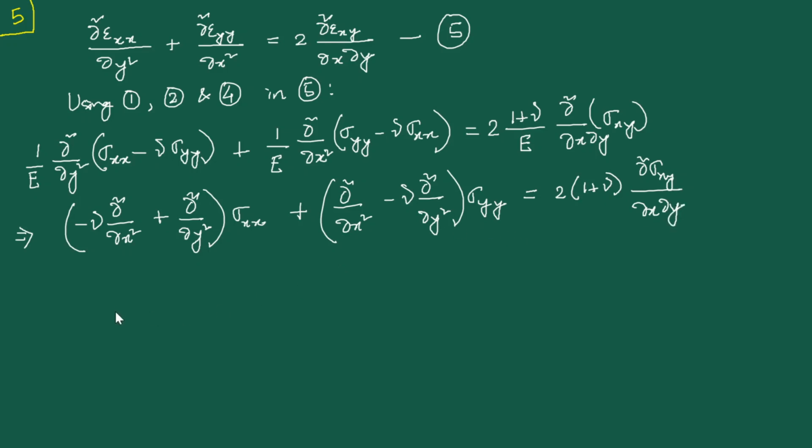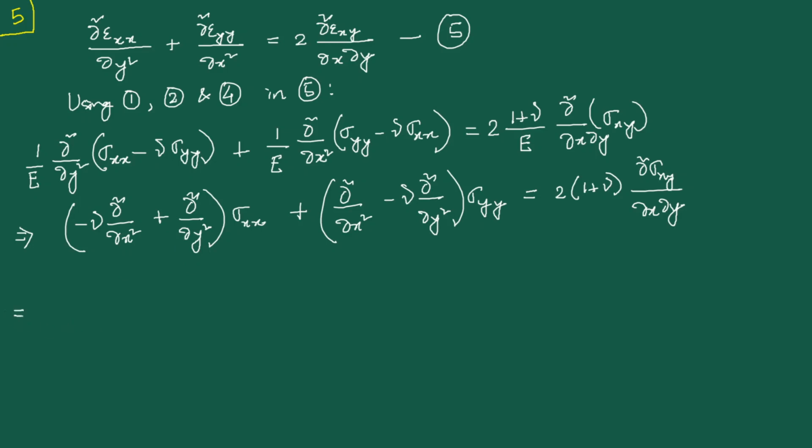Okay, so now what we are going to do is on the left hand side for this term we are going to add a del square del x square, and we are going to subtract that out also. So that effectively this remains as it is.